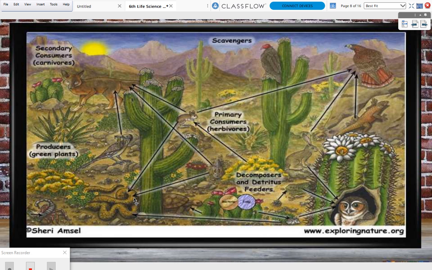You can see that the hawk gets all of its food source from eating the rabbit and the lizard and the mouse. So the arrows are pointing to where the energy is flowing. And what I like to tell my students is that's where the calories are moving. The arrow is pointing to where the calories are going.